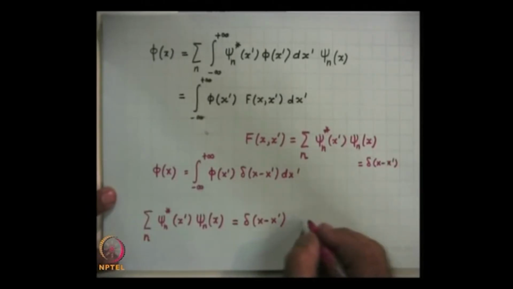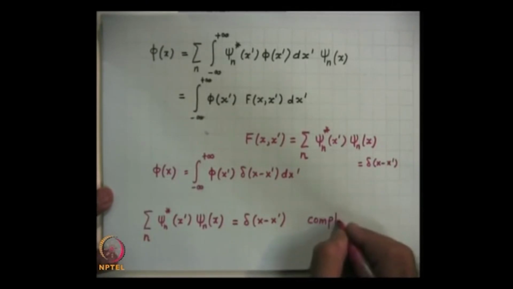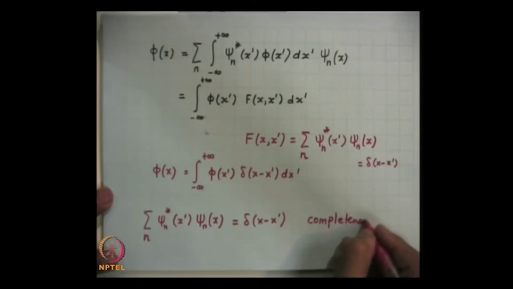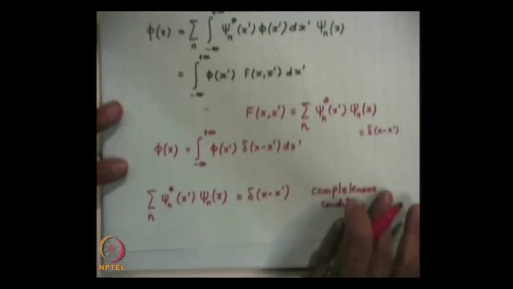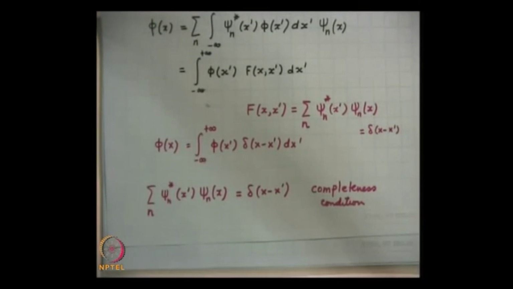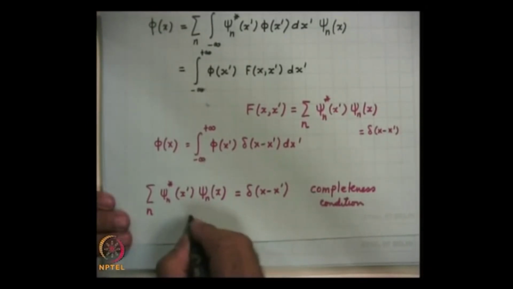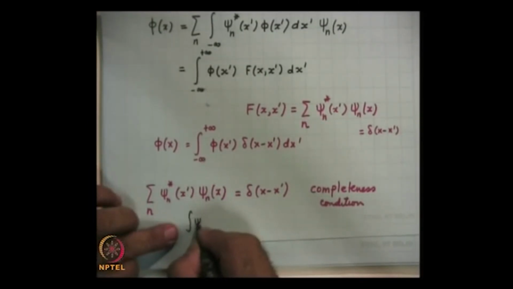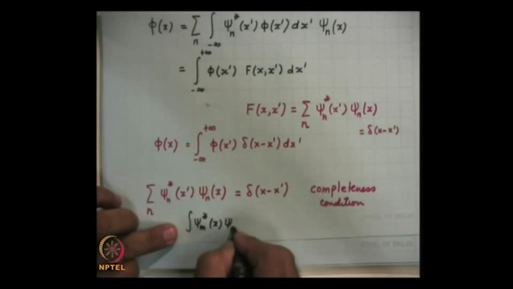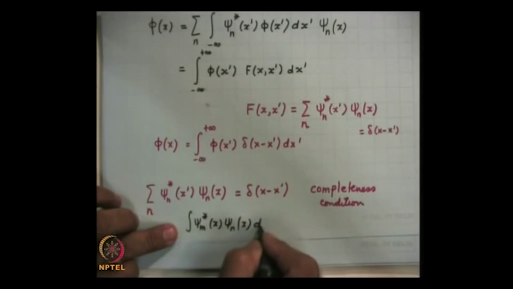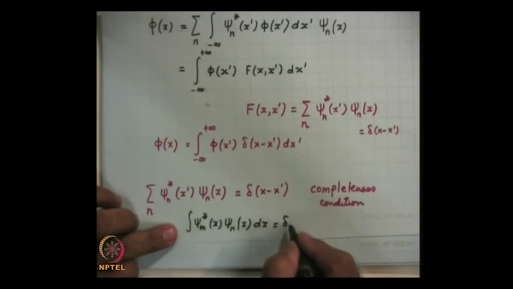So, we have derived two very important relations. This is known as the completeness condition, and the other is that the integral of psi m star of x psi n of x dx is equal to delta m n.